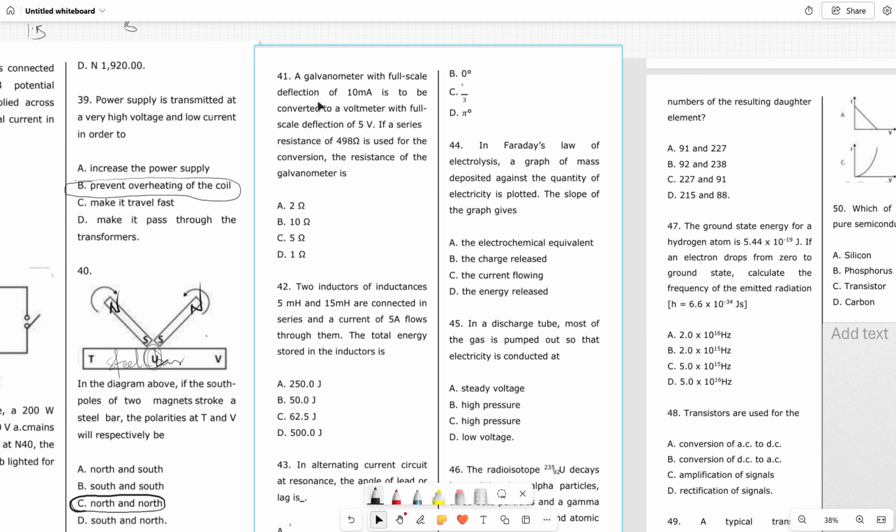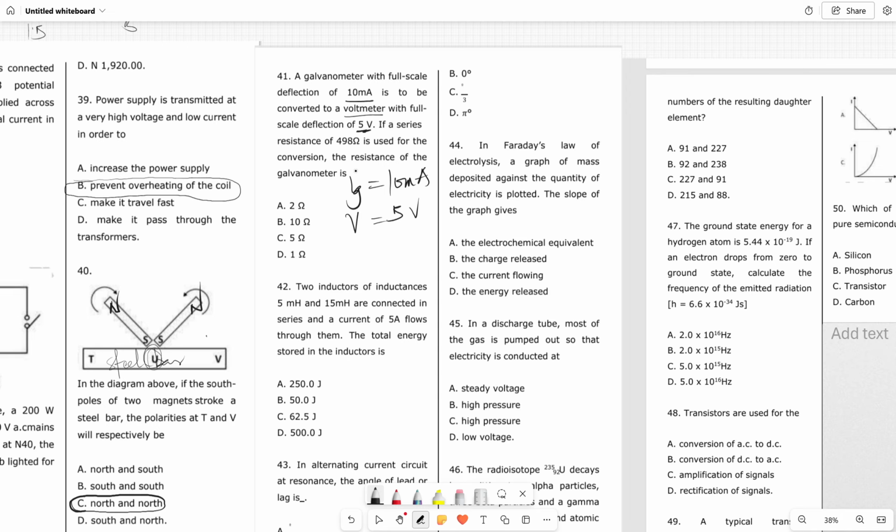41. A galvanometer with full scale deflection of 10 milliampere is to be converted to a voltmeter with a full deflection of 5 volts. So the voltage of the voltmeter is 5 volts, and the current of the galvanometer is 10 milliampere. Current of the galvanometer, that is 10 milliampere. Voltage of the voltmeter, just ordinary V, that is 5 volts.